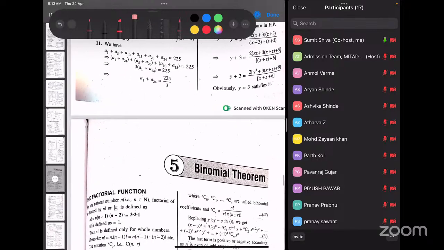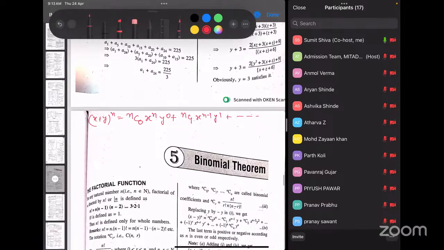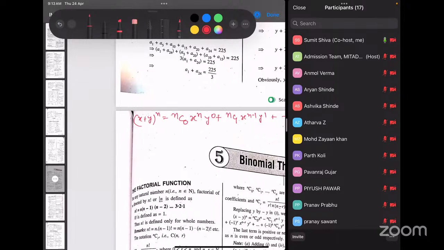Now from this expansion, we have an interesting result. Let's say (x + y)^n is given by nC0 x^n y^0 + nC1 x^(n-1) y^1 + so on. If you take x as 1 and y as x, the expression will be (1 + x)^n, and in that case this will be nC0, and in place of x you will have 1 and in place of y you will have 0.